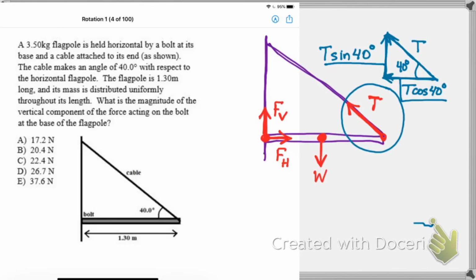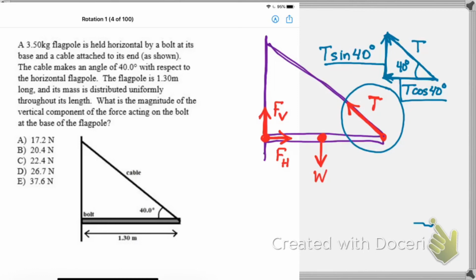Let's deal with that tension. One of the most important things that you can remember from your math courses, specifically from geometry, is your right triangle geometry. Sines and cosines in particular. So here we have tension, but that's at an angle.